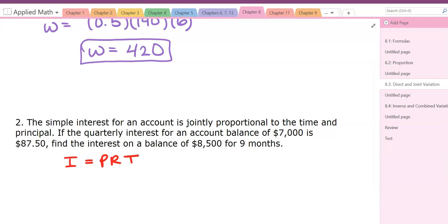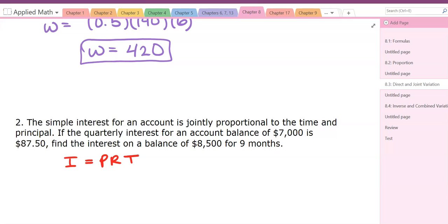That's how they remembered it, okay? So simple interest would be the amount of principal, that would be the amount that you put into the account, times its rate, so that would be a percentage, and then time, which is done on a yearly basis. So 1 year, 2 years, 3 years, and so on. This is saying that the simple interest for an account is jointly proportional to the time and the principal.